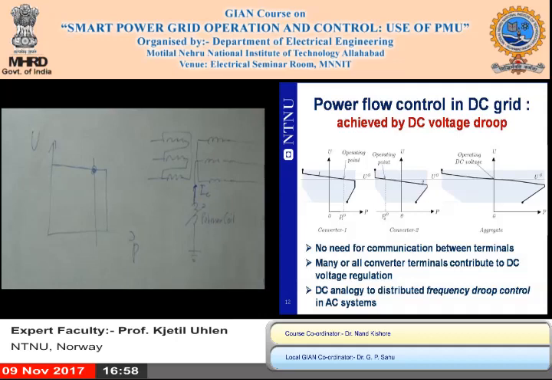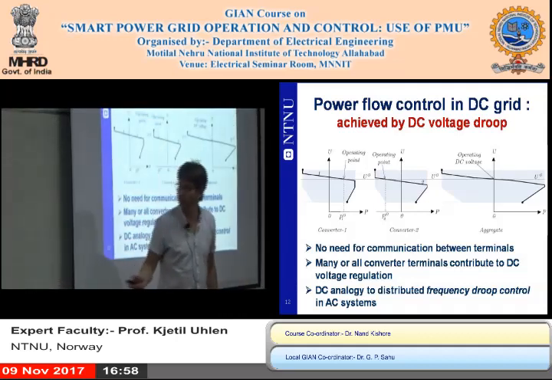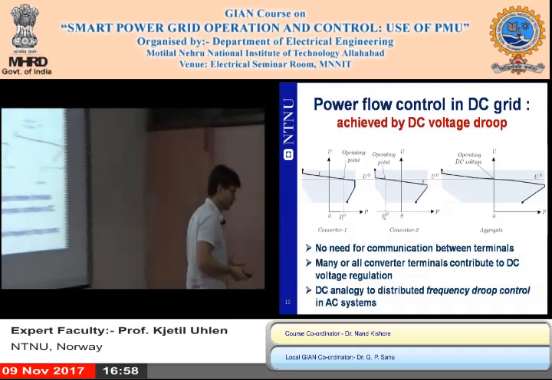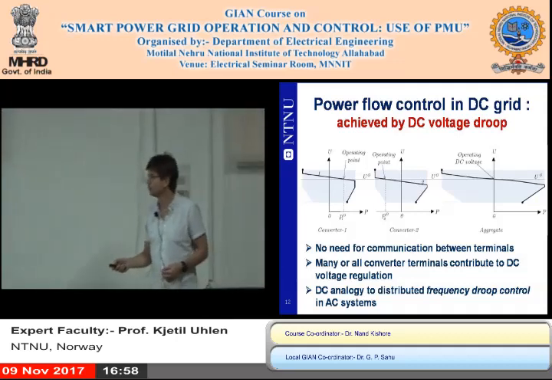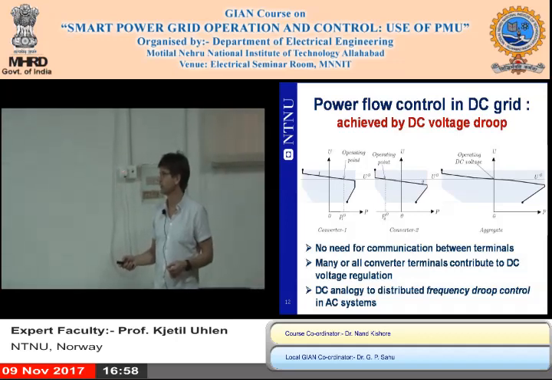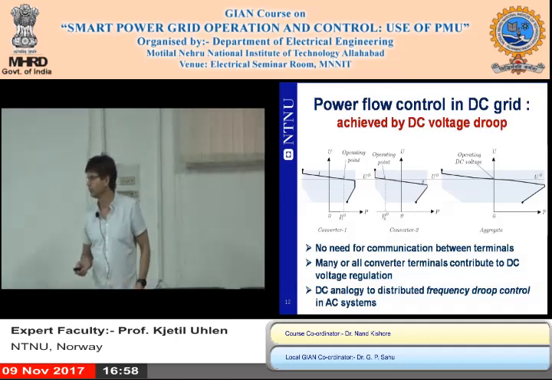That is sensitive to the one that controls voltage, right? If that falls out, the entire grid collapses. In this way, you can lose one converter and still be operating. So this is more sort of N-1 friendly.